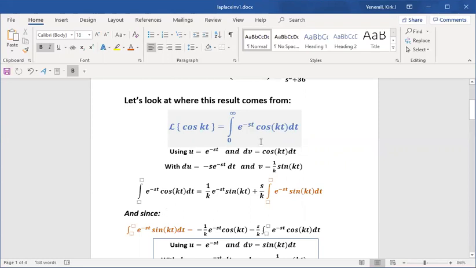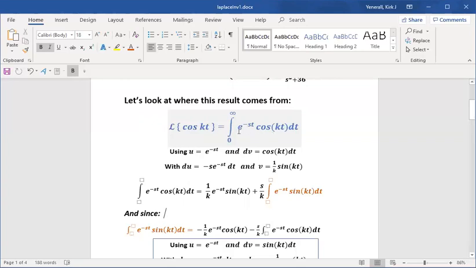You probably remember from previous calculus in your discussion of techniques of integration that when we have a product of an exponential and a cosine or a sine, one approach that we can use is repeated integration by parts. So we're going to do 2 rounds of integration by parts to resolve this antiderivative.